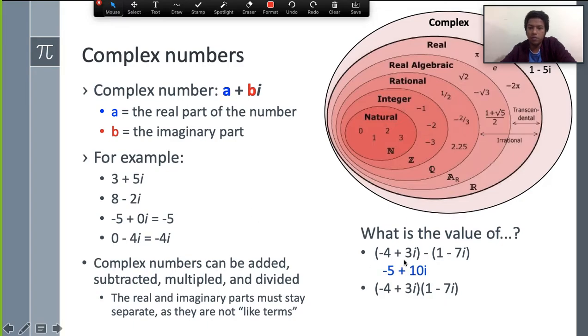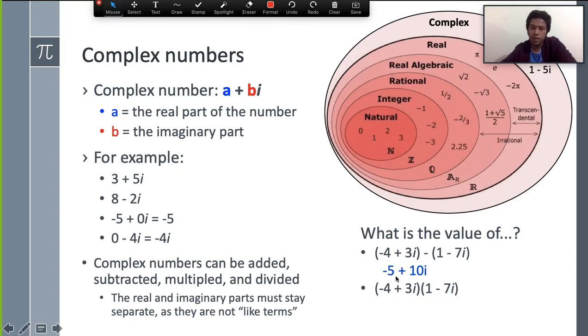What is the value of 4 minus? The answer is written here: 4 plus 3i, then minus. So you do a subtraction, and due to the minus sign there is minus 1, then minus minus becomes plus, so it becomes positive 7i. So positive 7i and then 3i, total is 10i. Minus 4 and minus 1 becomes minus 5. Okay, this is subtraction, then this is multiplication.